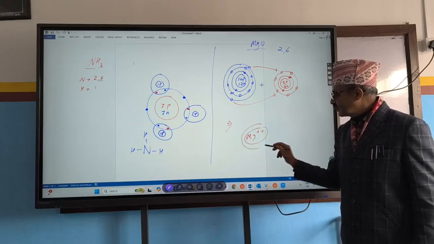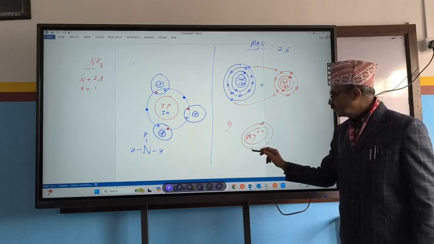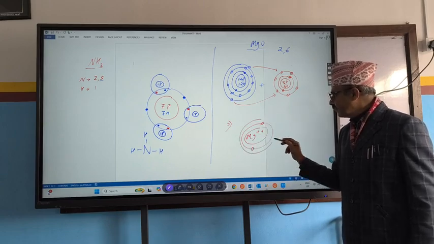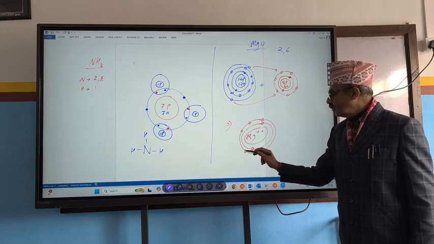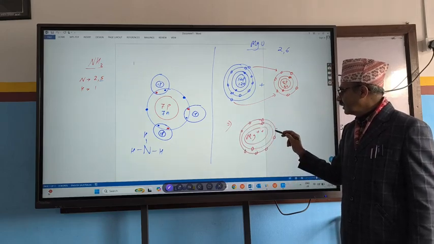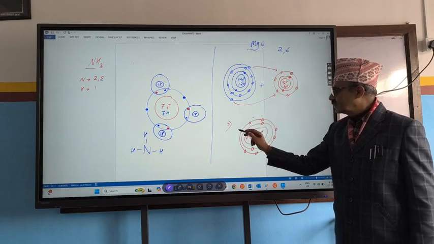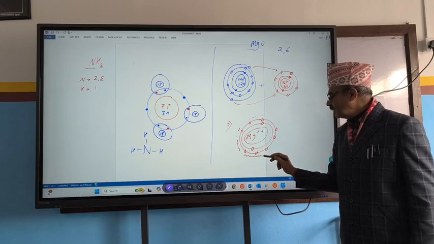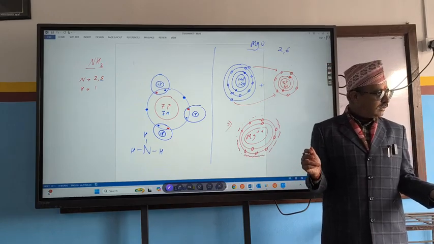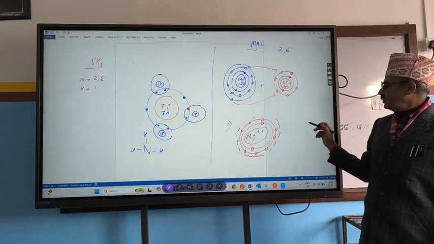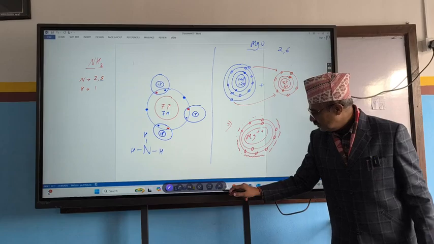In the first orbit, how many electrons are there? 1, 2. Second orbit, how many? 1, 2, 3, 4, 5, 6, 7, 8. Will there be a third orbit? No, because the electrons are donated. Now, oxygen. Oxygen, what to do?